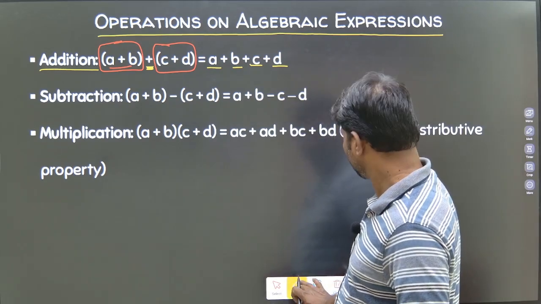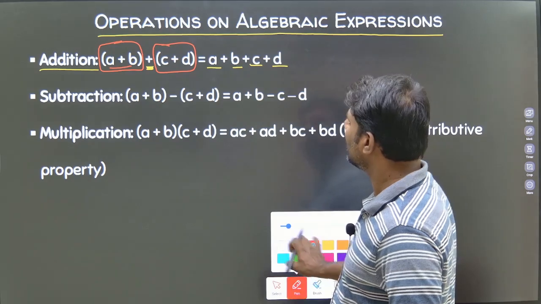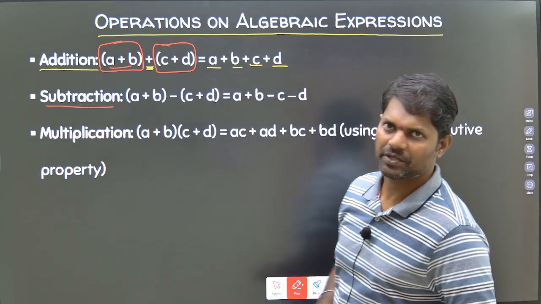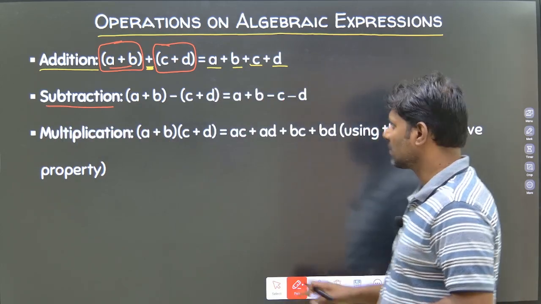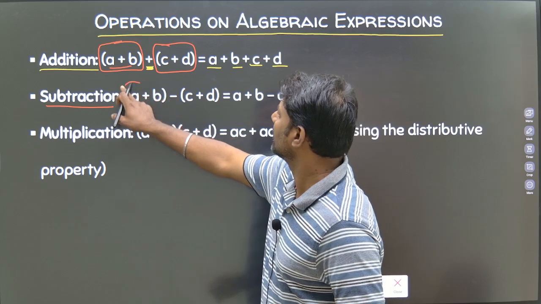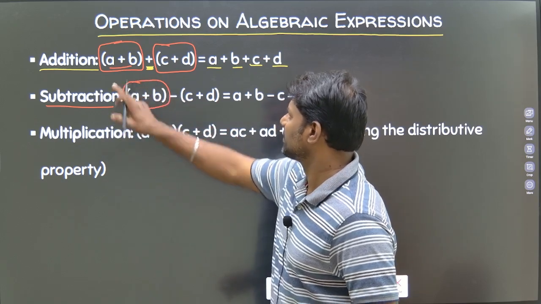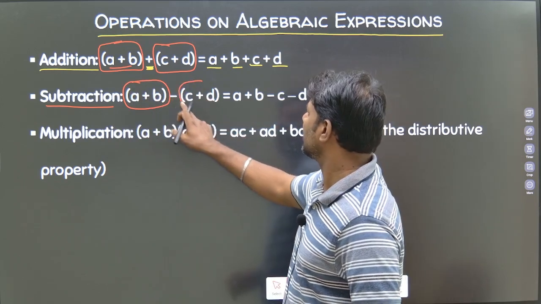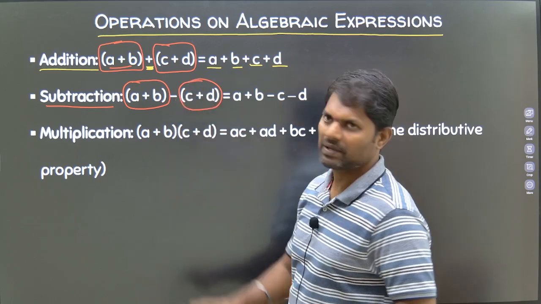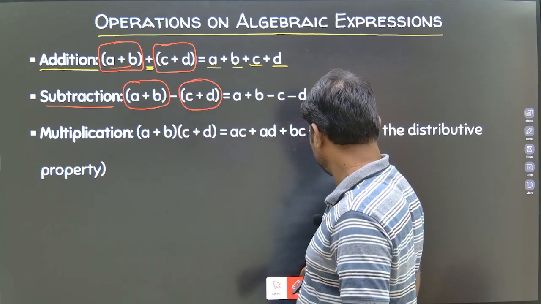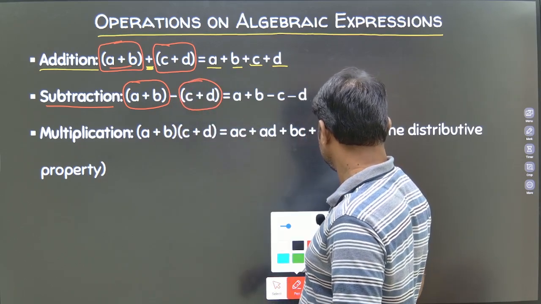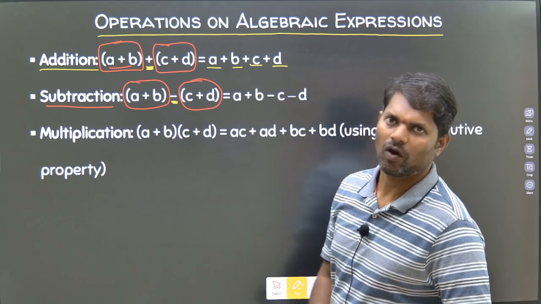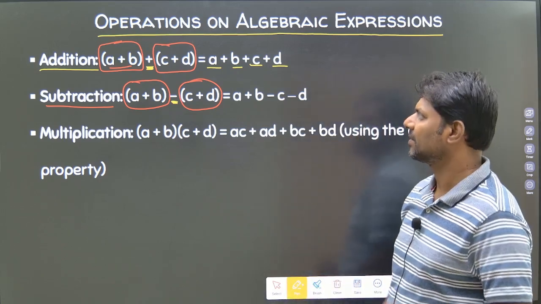Next is subtraction of algebraic expressions. So this is one algebraic expression, A plus B. This is another algebraic expression, C plus D, and in between the algebraic expressions there is a subtraction operator, minus.